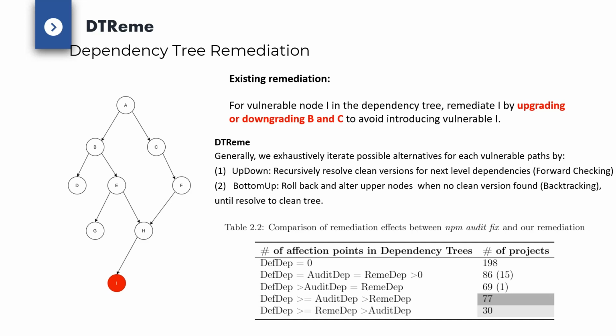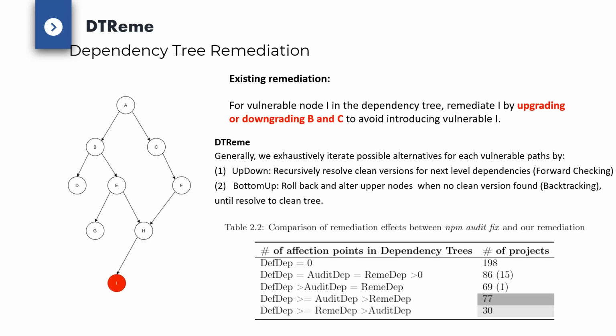Currently, most remediation provided by existing tools simply adjusts users' direct dependencies to remediate vulnerabilities. For example, there is a vulnerability in I, and they usually only alter the version of B and C to influence I. As for our DT-REAM, we integrate the vulnerability checking into the process of dependency tree resolution.